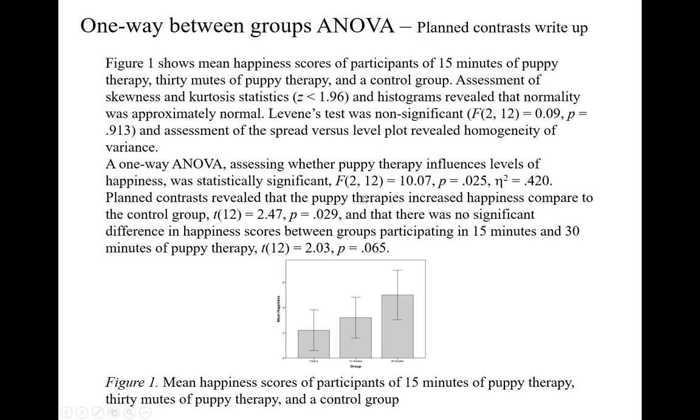So here we can see that the puppy therapies increase happiness compared to, that's a bad sentence too anyway. But it's saying that puppy therapies have more of an increase on happiness than the control group. So make sure you are clear about which is having the greater effect. You know, is one significantly higher or one significantly lower, or vice versa. Yeah, so just make that clear to the reader.